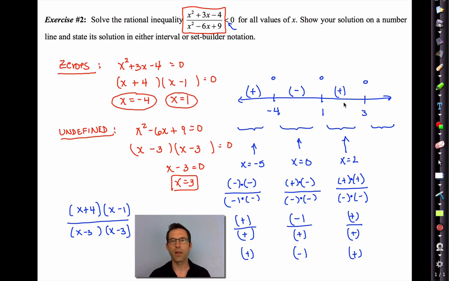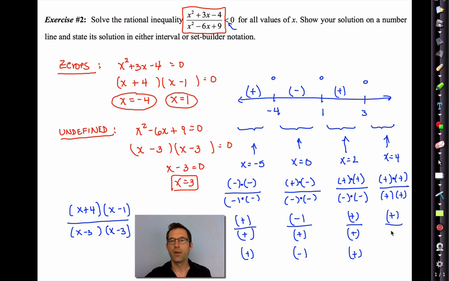So far, it looks like the signs just alternate. But watch what happens when I pick x equals 4. When I put it into the first parentheses, I get a positive. The second one, I get a positive. In the numerator, I get a positive and a positive, and a positive times a positive is a positive.